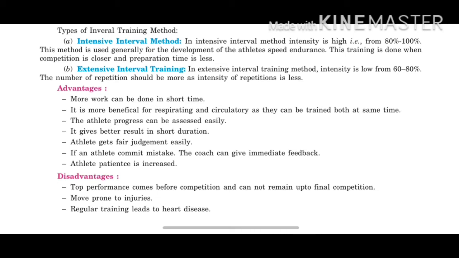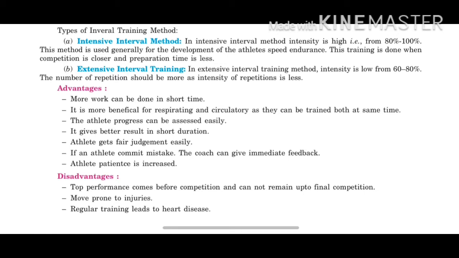Second is extensive interval training. In the extensive interval training method, intensity is low, from 60 to 80%, and the number of repetitions should be more as the intensity of repetition is less. The advantages and disadvantages are also given. More work can be done in a short time.